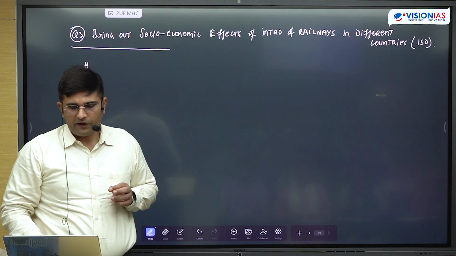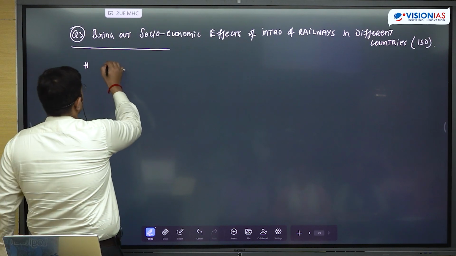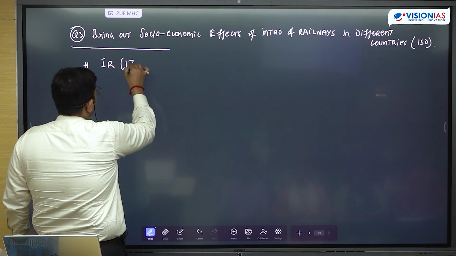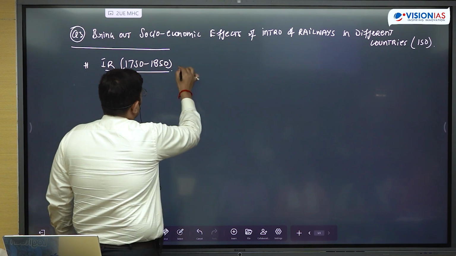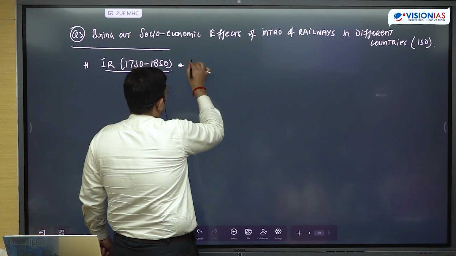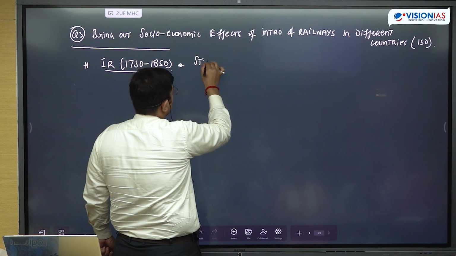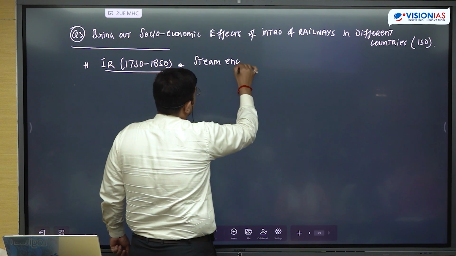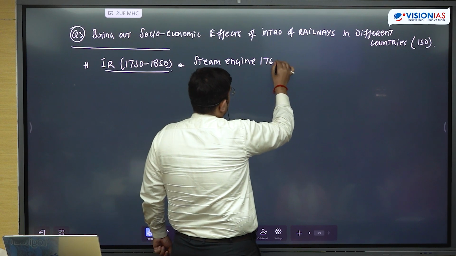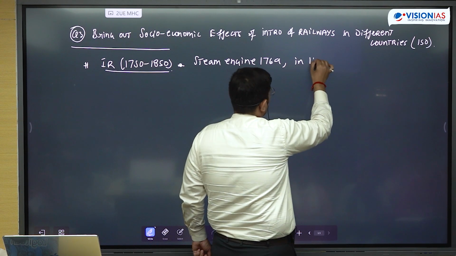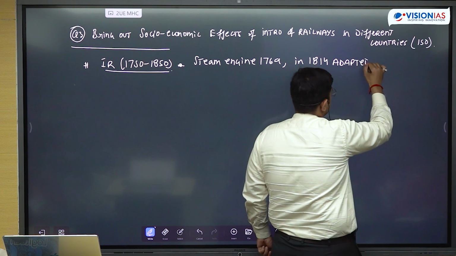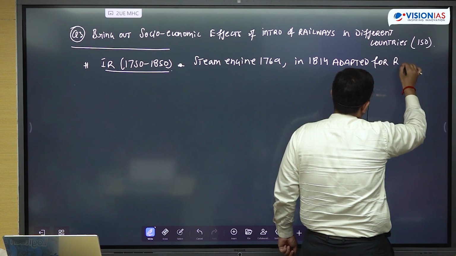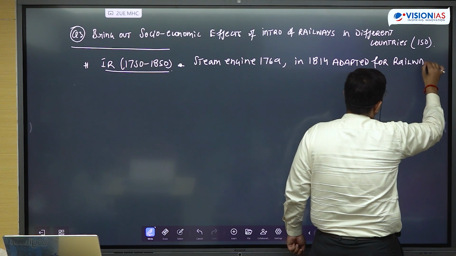So if we talk about, let's say, the introduction, it can be that industrial revolution began in 1750 and got completed in 1850. Then you can mention that it was development of a steam engine, which was developed in 1769. In 1814, it was adapted for railways.